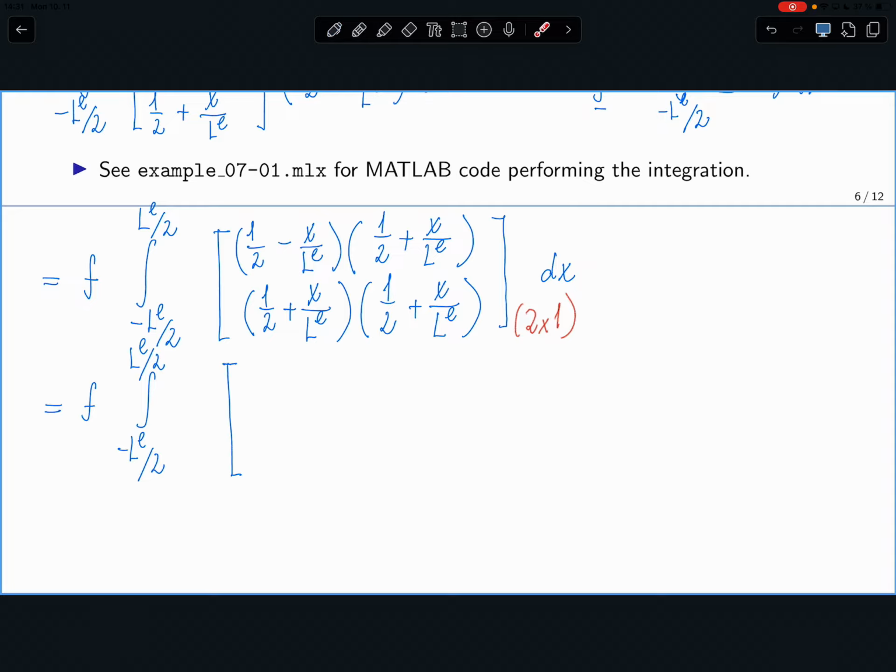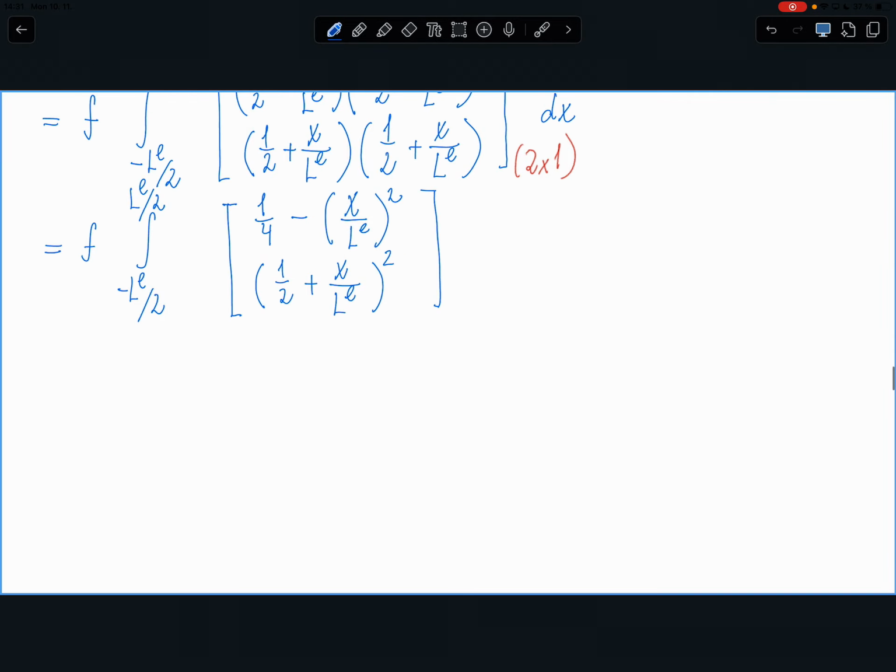Now this is a plus b times a minus b, so this is a square, and 1/2 squared is 1 over 4 minus x over LE to the second power, and here I will have 1/2 plus x over LE to the second power, and dx.